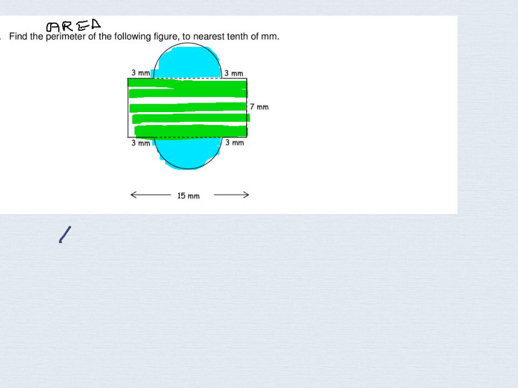So the area of the rectangle, we'll call that green area number 1, is found by taking the length by the width. The length of the whole bottom we know to be 15, and the length of the side, the upward, of course, is 7. So 15 times 7 will give us the area in square millimeters, which is 105 square millimeters.